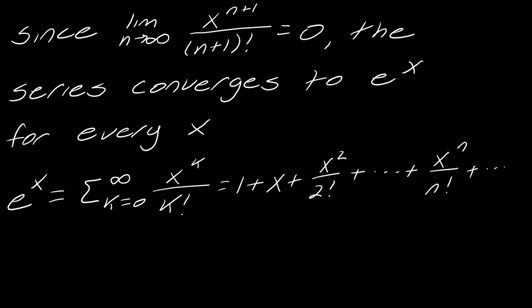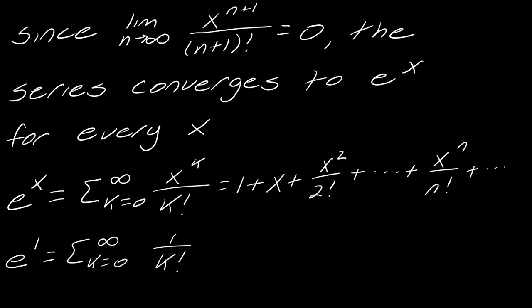These theorems have built up the trust to believe that this series does indeed converge to e to the x for any value of x. So one thing that means is that e to the 1 is actually the sum of 1 over k factorial. We can approximate e as a series.